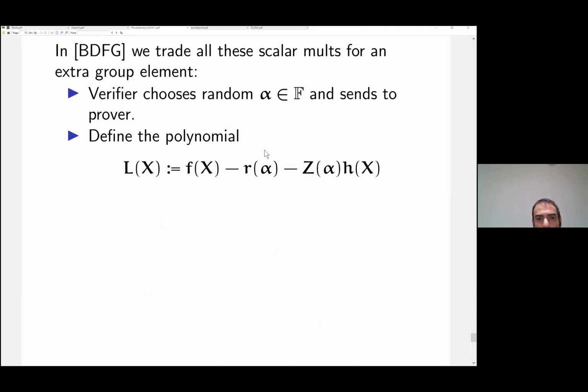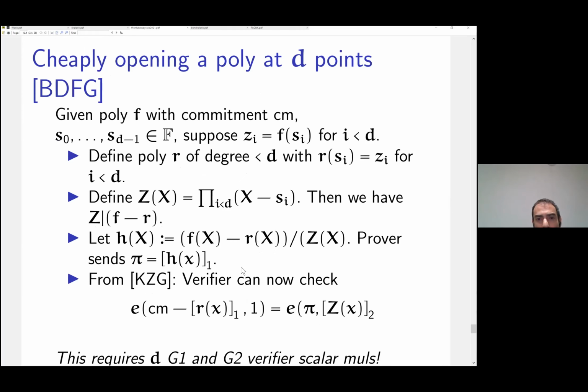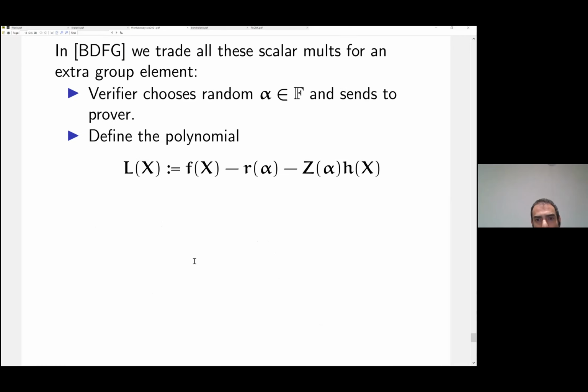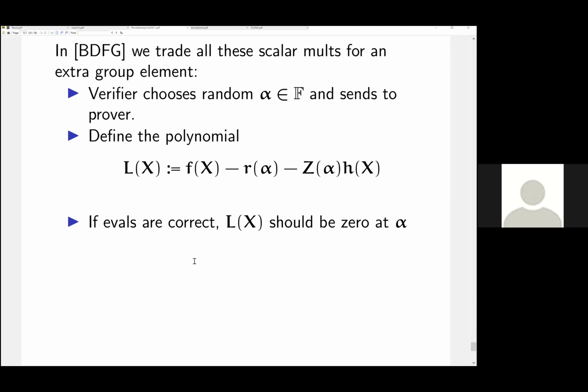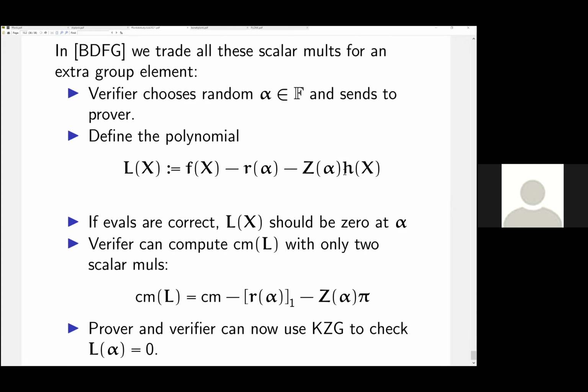So H is the evaluation of this quotient at the secret SRS X. Okay, I think I'm mixing everything, but at the end, this polynomial H, you evaluate it at the same X. Okay, I think it's clear.